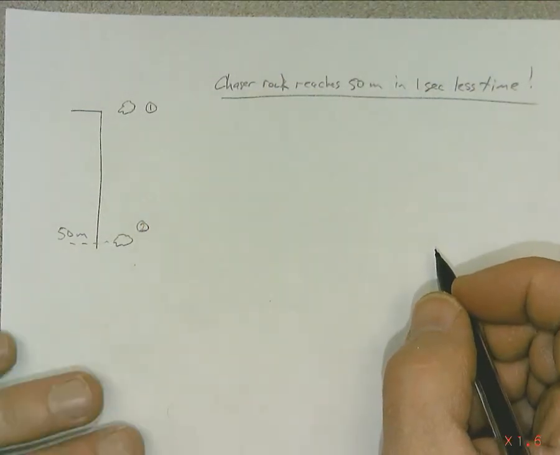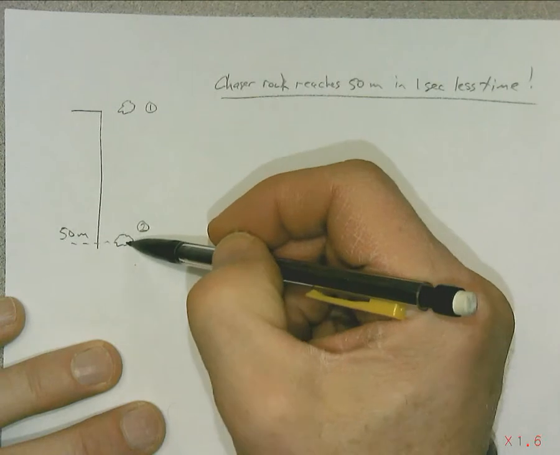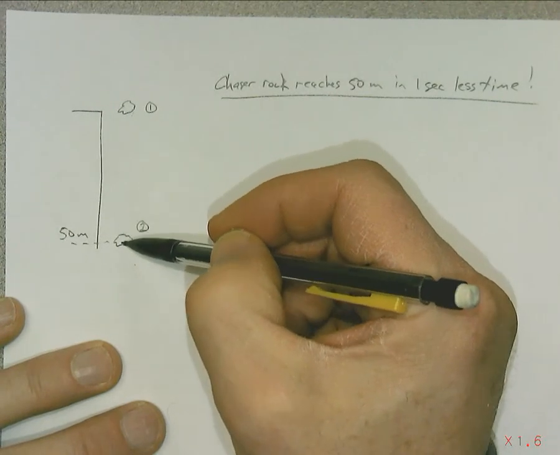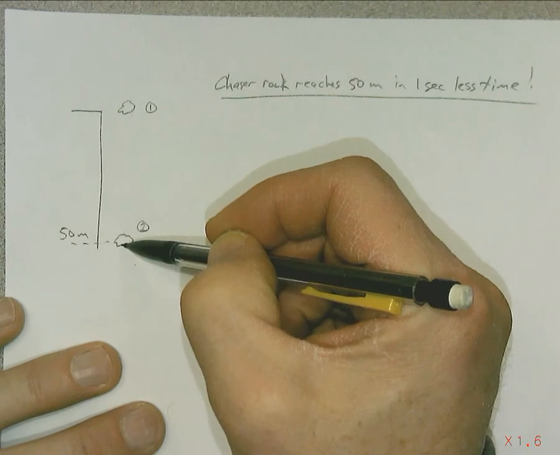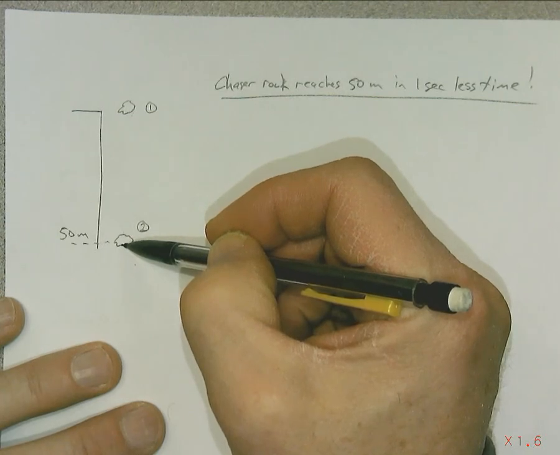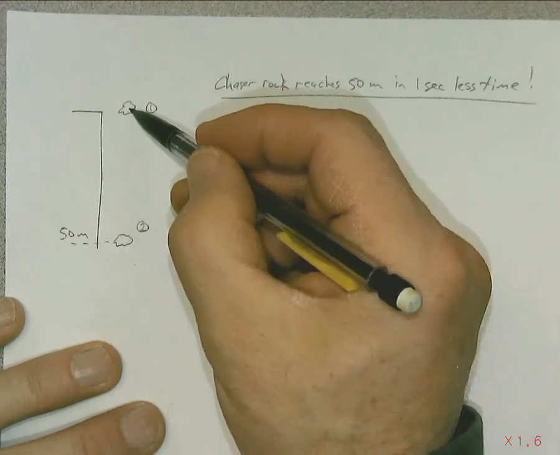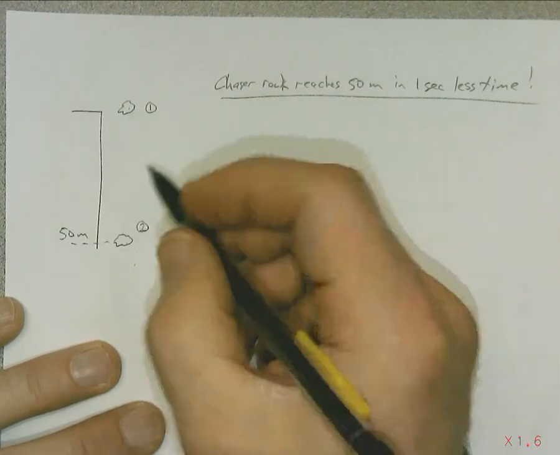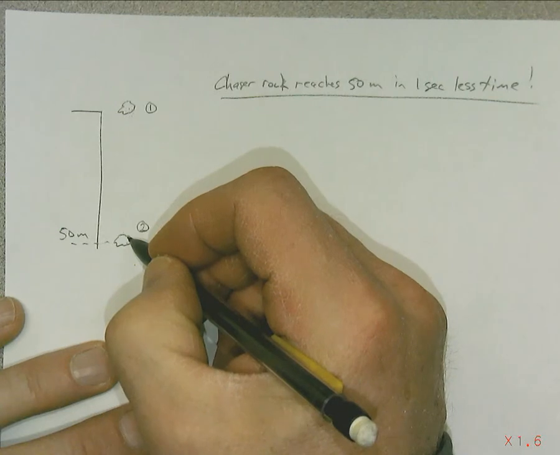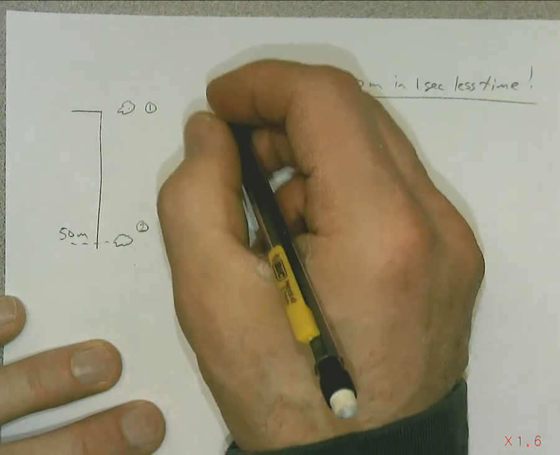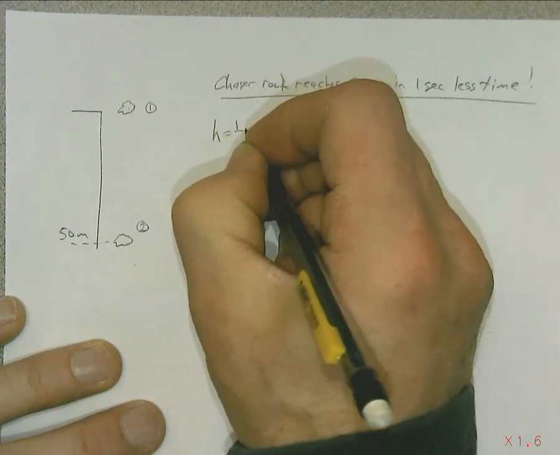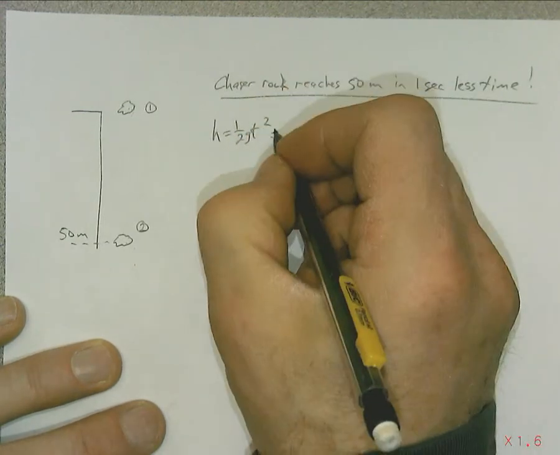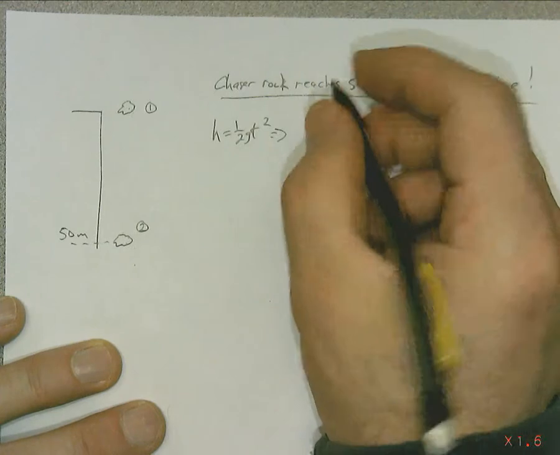All right. So what we're going to do then is allow the first rock to free fall 50 meters. How much time does that take? Well, whatever that time is, the second rock will have 1 less second than that to reach this position. So we can say h is equal to 1/2 gt squared, which then enables us to solve for the time.